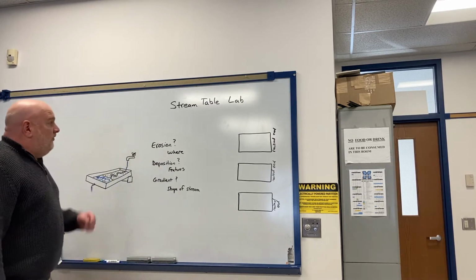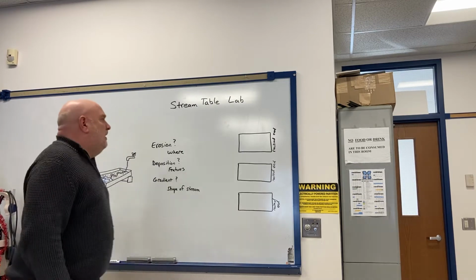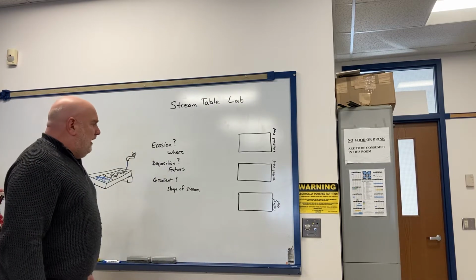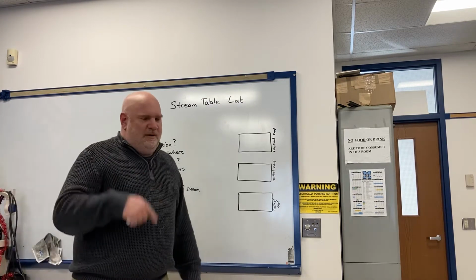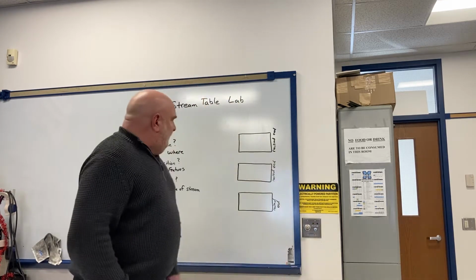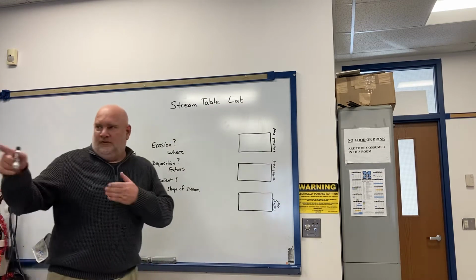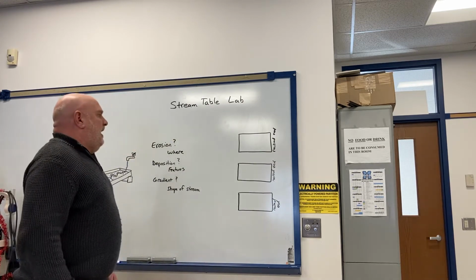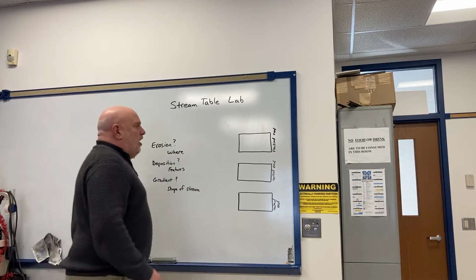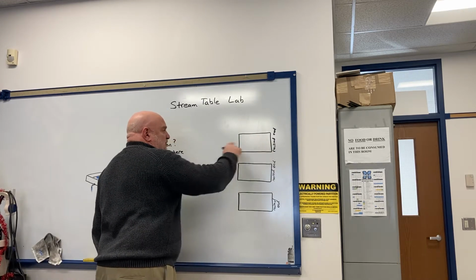All right. So in your lab, we're going to be basically drawing three things. On the first drawing, the first big box you have, that section that says raised end on one side, I'm going to take the camera over to the stream table, and what you're going to have to do is draw where the stream channel is and what the shape of the stream channel is.